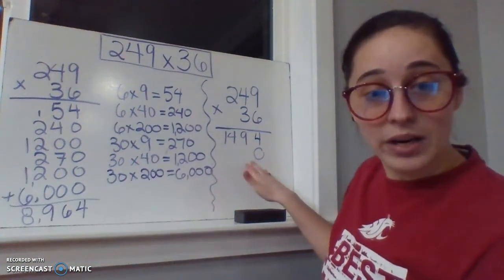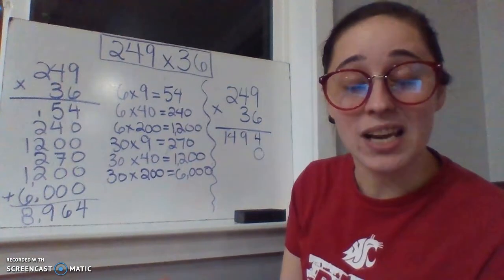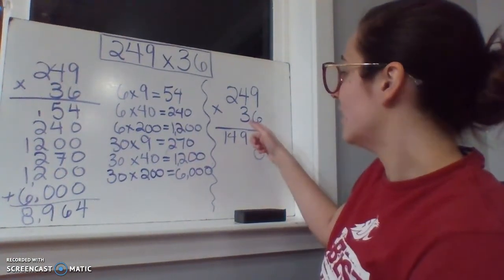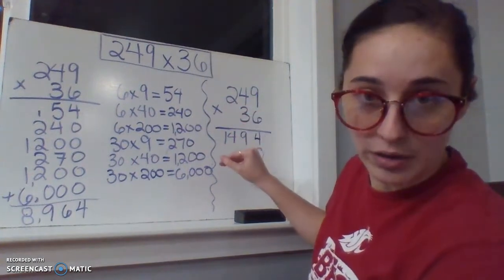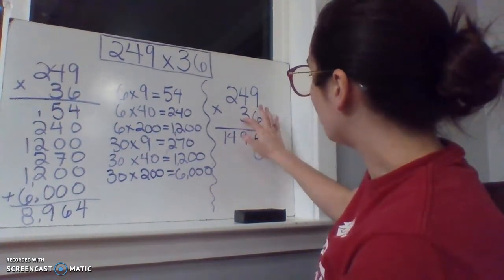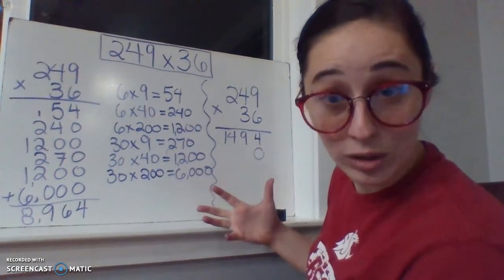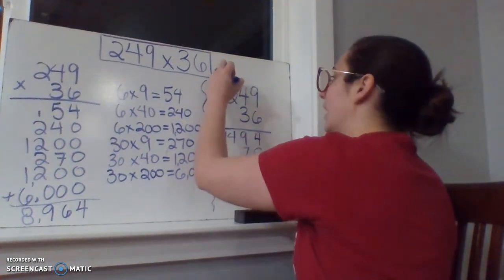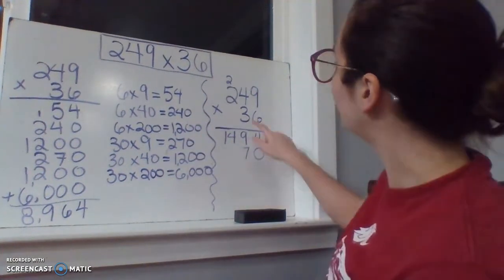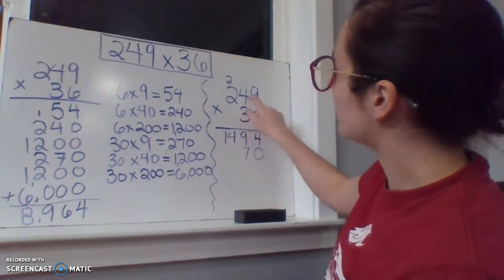So I'm going to add my 0 here, and now I can use the same steps that I used when I did 6 times 249, and then I'll add my answers up together, okay? So I'm going to do 3 times 9, that'll give me 27. So I'm going to write my 7 here, and then I'm going to carry my 2, just like I did before. And now I'm going to do 3 times 4.